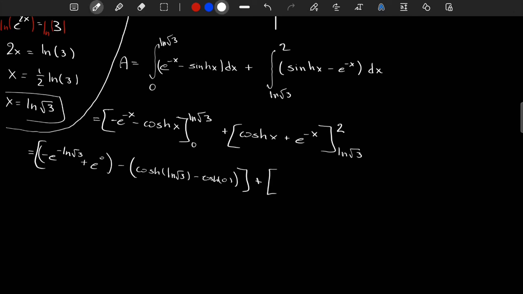Should have been a doctor, they said. Plus cos of 2 minus cos of ln square root of 3 plus e to the negative 2 minus e to the negative ln square root of 3. Now, how in the world will we solve this?